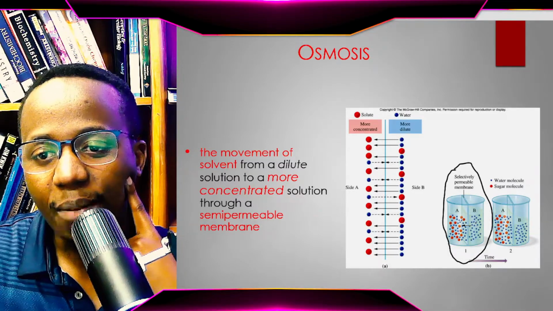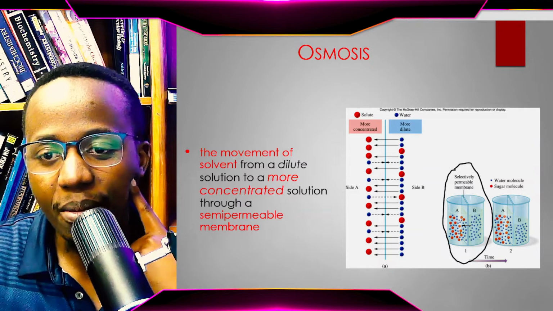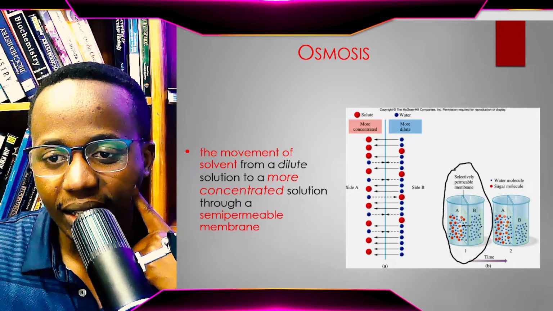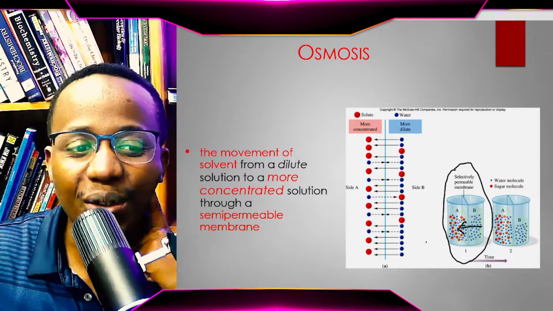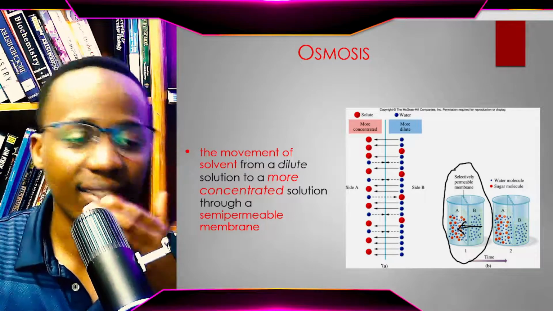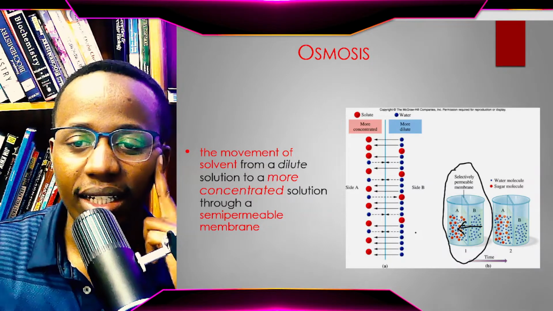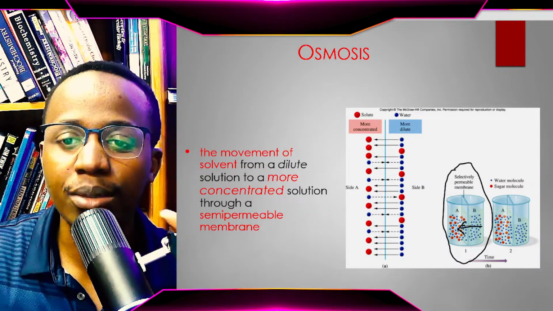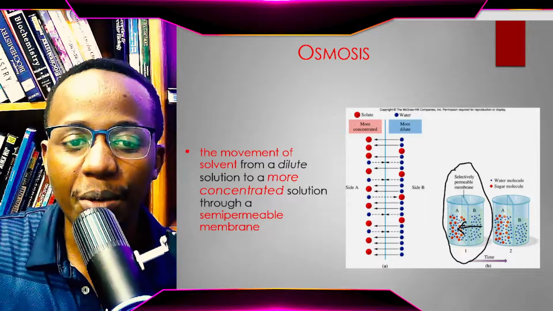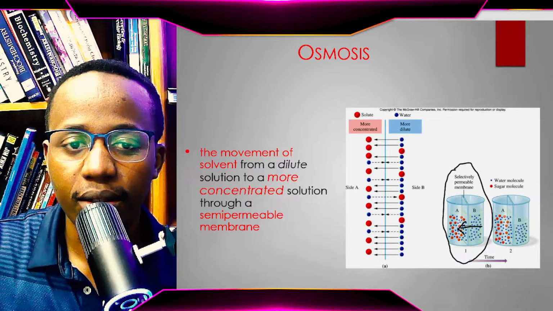So what will happen is, if you have a semi-permeable membrane, the solvent is going to move from a lower concentration to a high concentration. And this doesn't just happen in a tube like this. It happens in your cells as well, because your cell membranes are semi-permeable membranes.